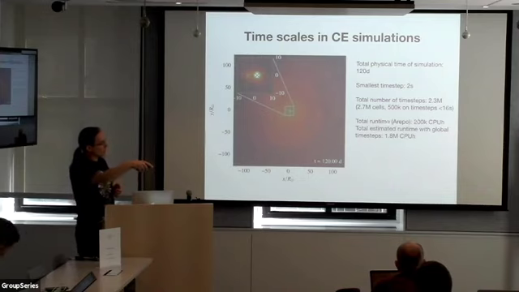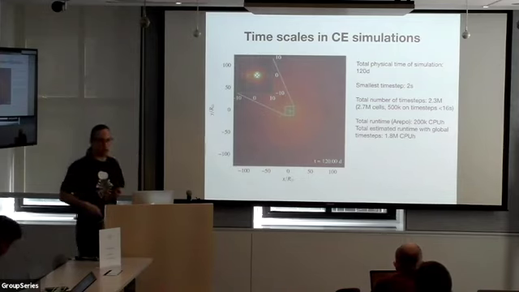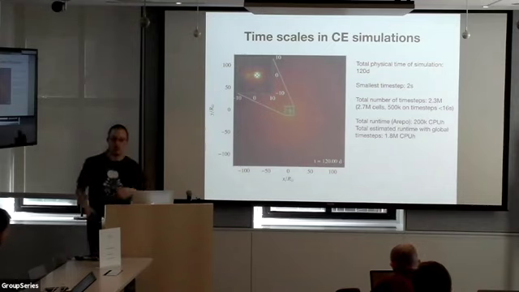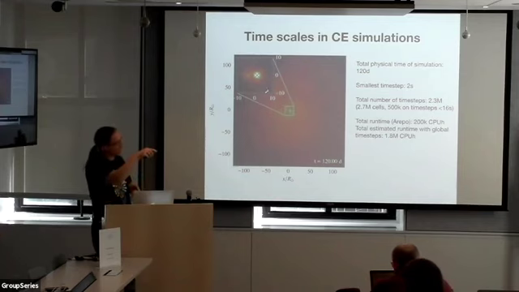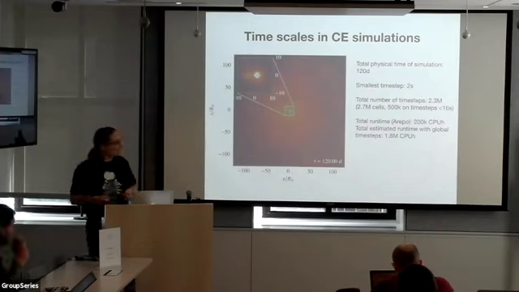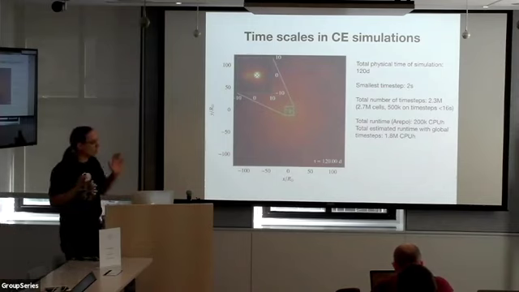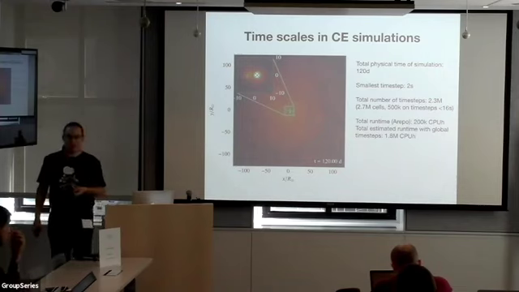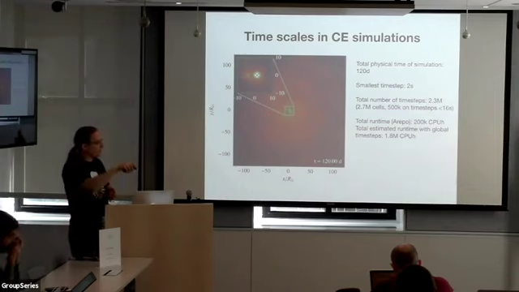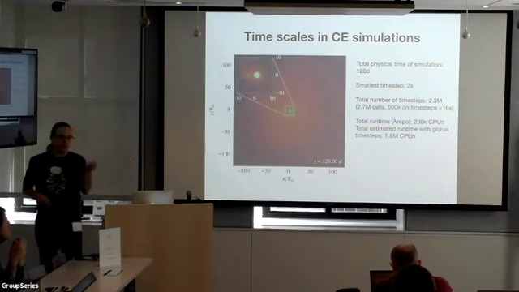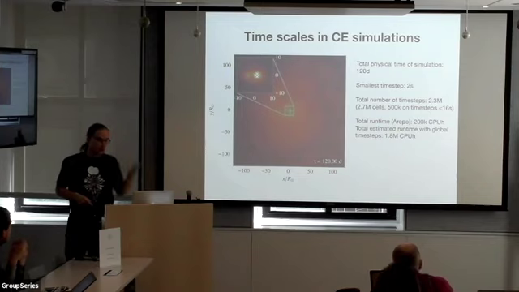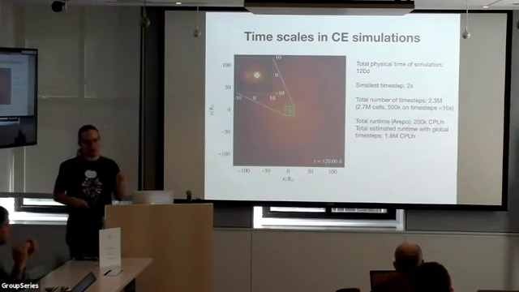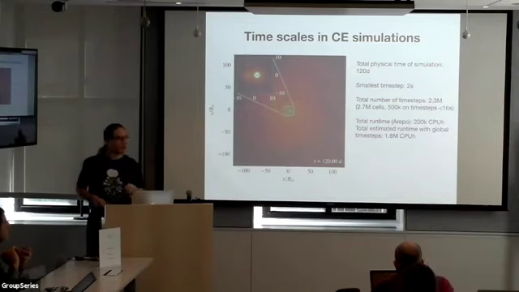It's really mostly the cells on those small time steps close to the cores, where you need to resolve the inner binary and the region between them. Just to give you a rough number, this simulation run with Arepo cost us 200,000 CPU hours. In Arepo every cell is evolved on the time step that's required for the cell, with a local criterion.